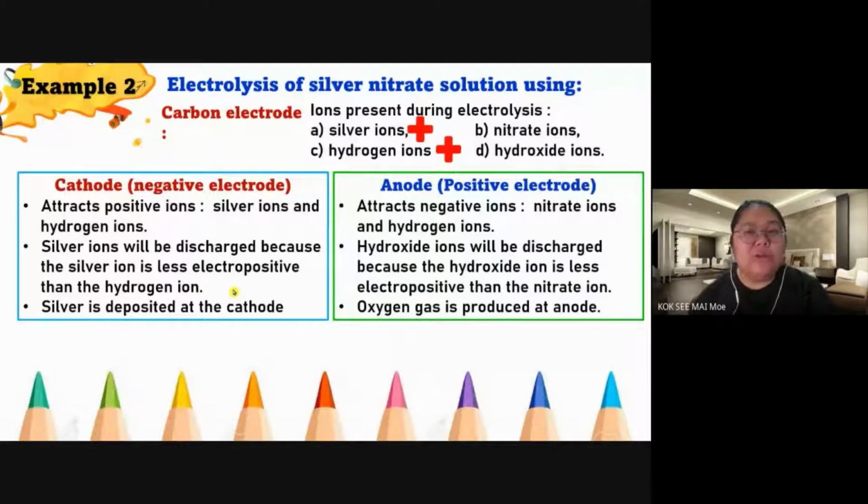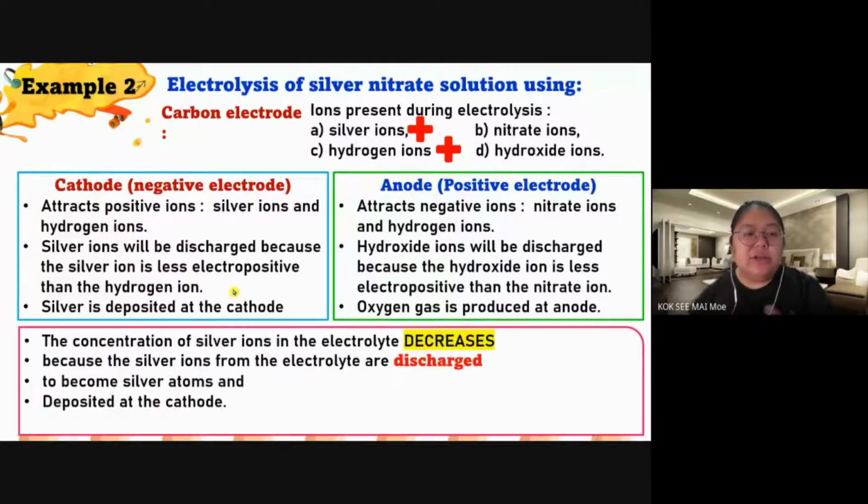So how about the concentration? Now the concentration of the silver ion in the electrolyte decreases. Your solution's concentration will decrease because the silver ions from the electrolyte have already discharged to become silver. Then where does the silver go? The silver will stick to the cathode.